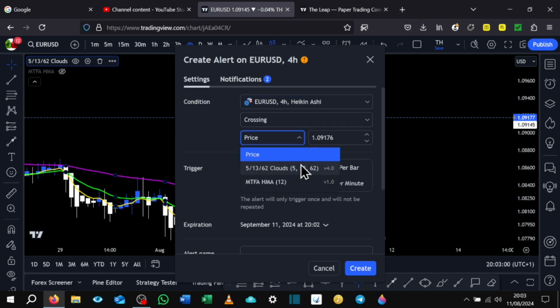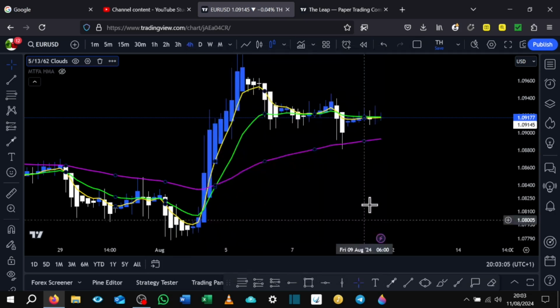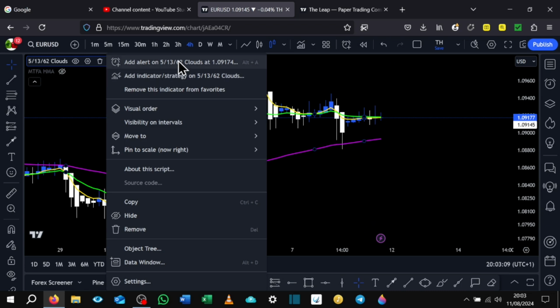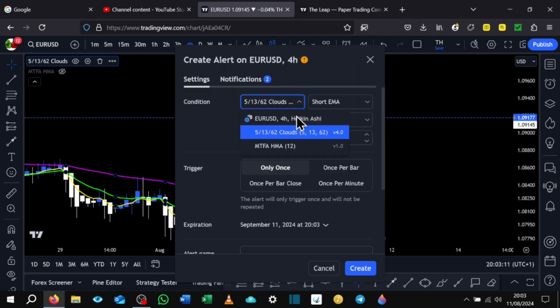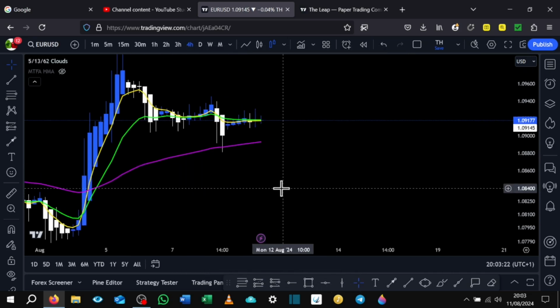So I'm just going to have this go off on the medium EMA, and then I'm going to set this to go off when the short EMA is crossing the medium EMA once per bar.